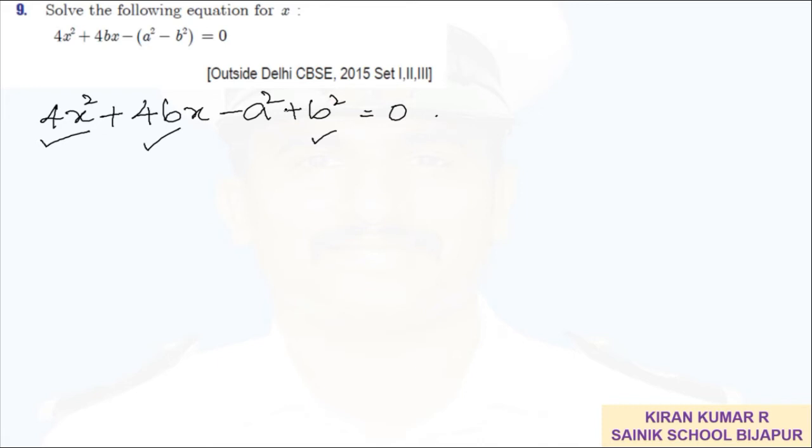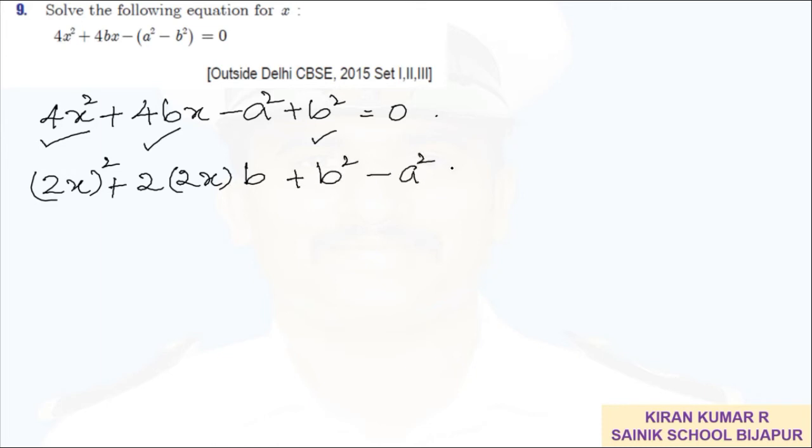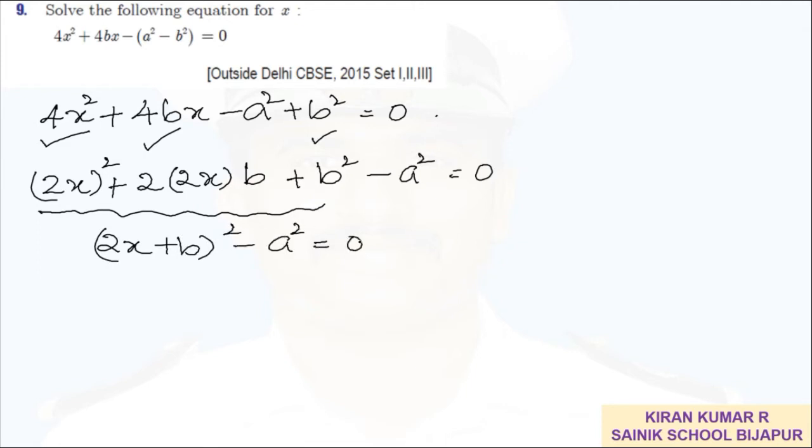Can you guess it? It is 2x whole square plus 2 times 2x multiplied to b plus b square minus a square equal to 0. This is nothing but 2x plus b whole square minus a square equal to 0.